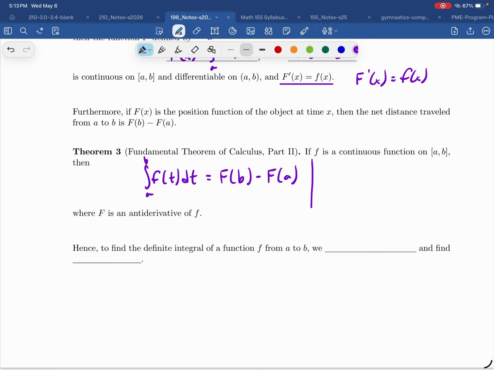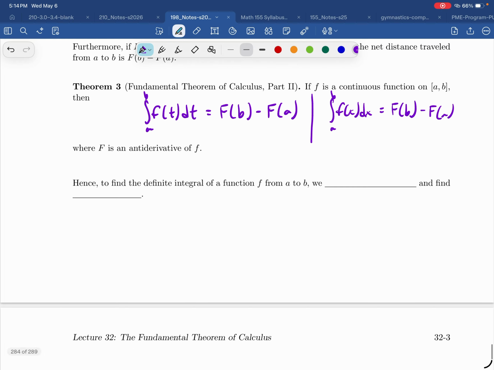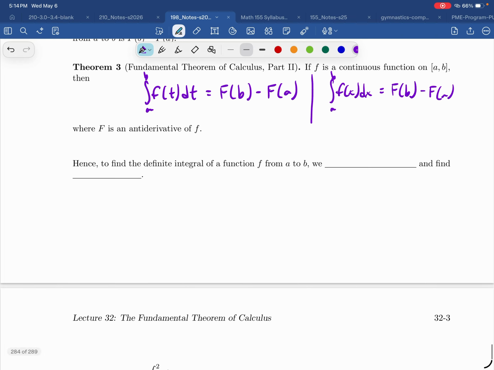Equivalently, you could say the integral from a to b of f of x dx equals big F of b minus big F of a. Okay? So, in order to find the area under the curve, all we have to do is antidifferentiate and plug in the endpoints, and then find big F of b minus big F of a.